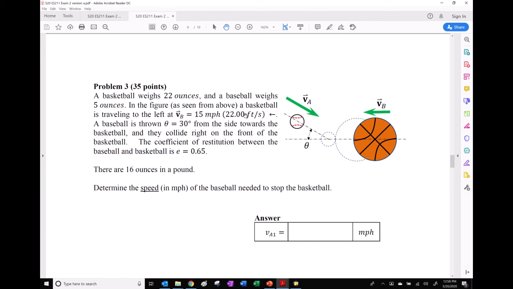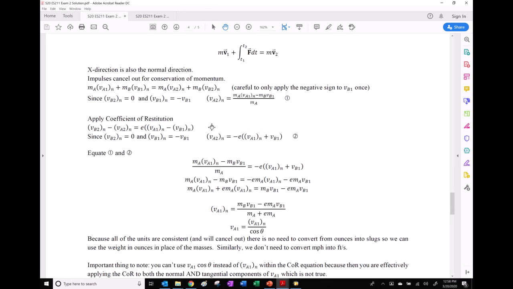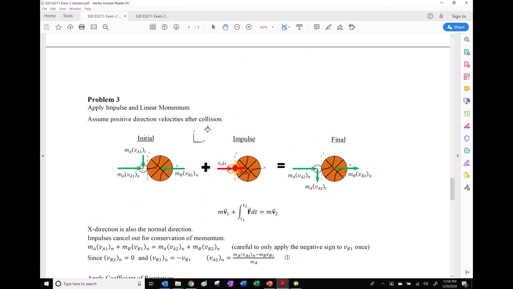I like to try to make real problems when I can. So this is what a typical basketball weighs, and this is what a typical baseball weighs. And actually, a typical basketball, I think from the free throw line, is 15 miles per hour, and I think it was something like 18 from 3-point, something like that. I looked it up on the internet, so you can look that up too.